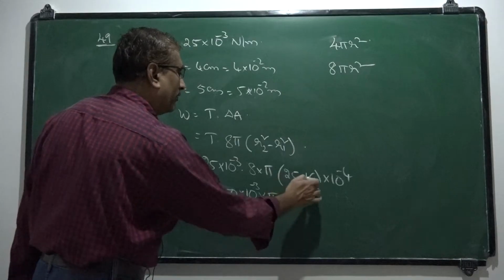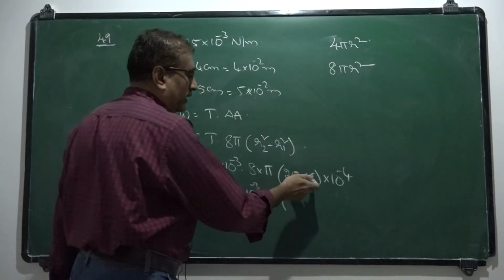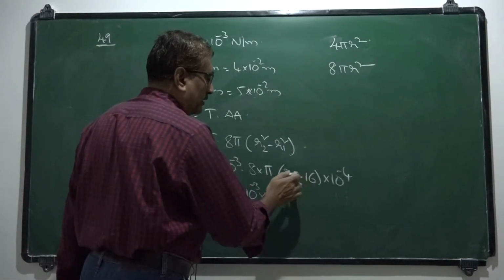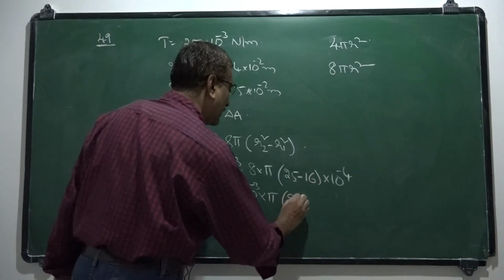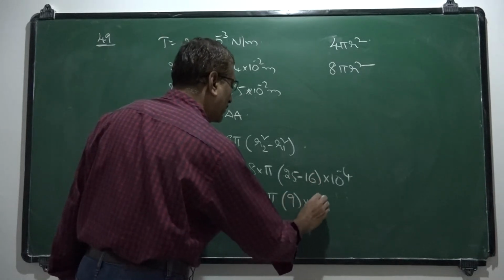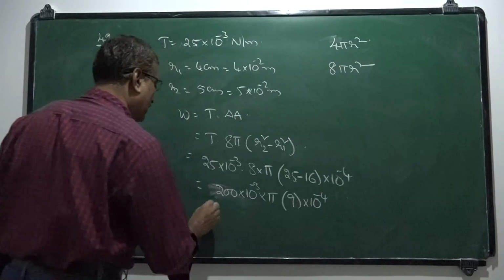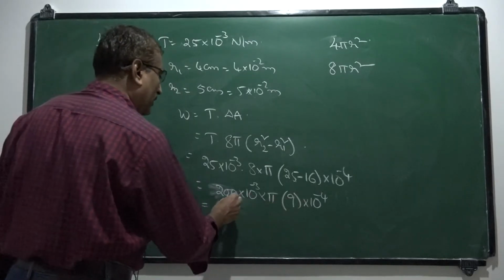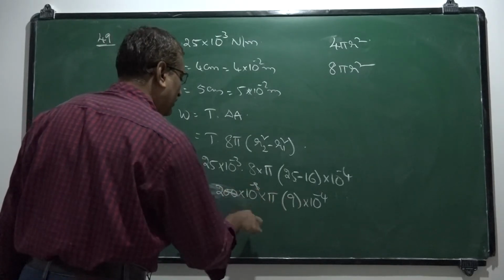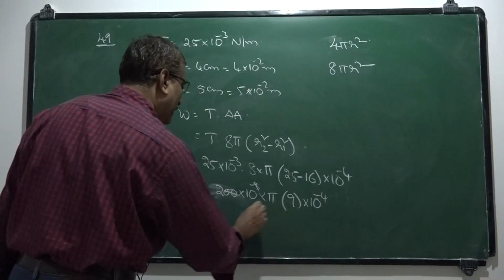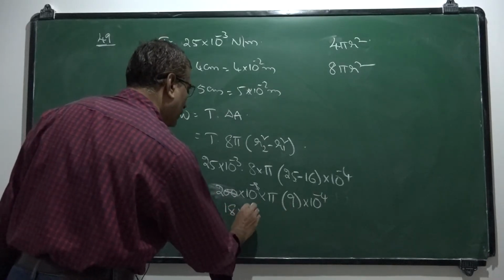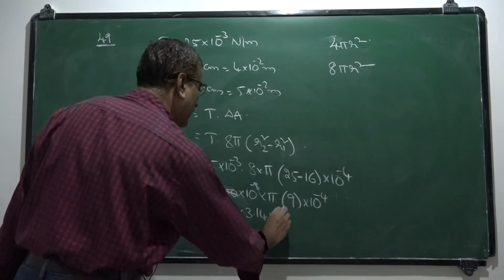Here 25 minus 16 is 9 into 10 to the power minus 4. So you can cancel out this minus 1. So 2 into 18 into 3.14 into 10 to the power minus 5.